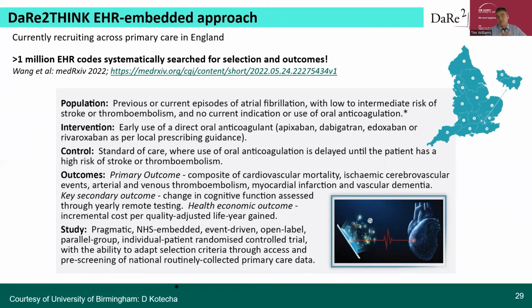The control is the standard of care, so no oral anticoagulation until there's a high risk of stroke or thromboembolism. The outcomes we're looking for are mortality, ischemic disease, and vascular dementia, things like that. We look at some secondary outcomes as well. There's health economic analysis going on, and it's a pragmatic EHR embedded study.